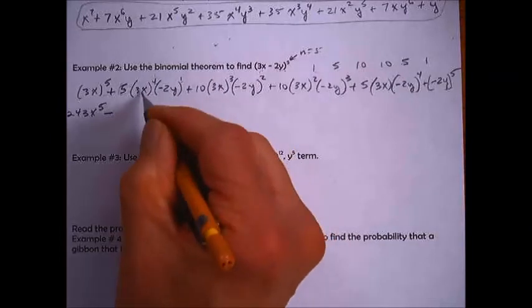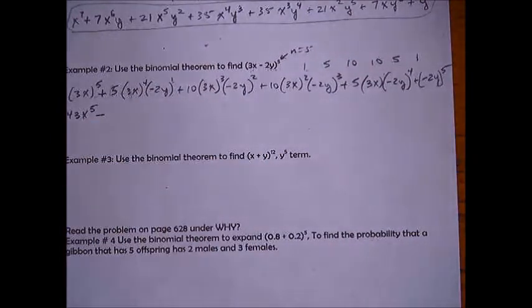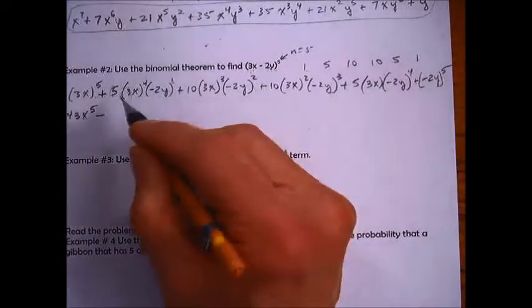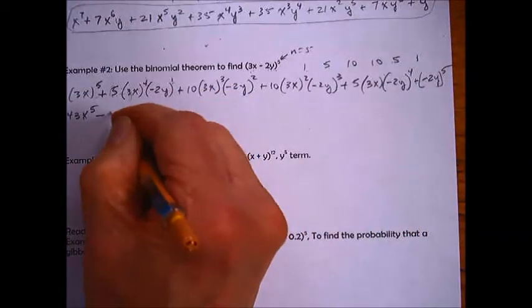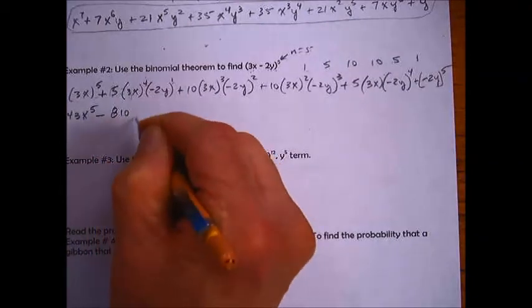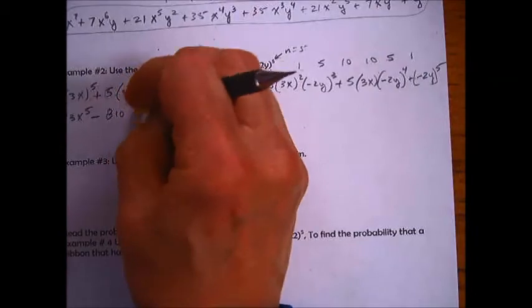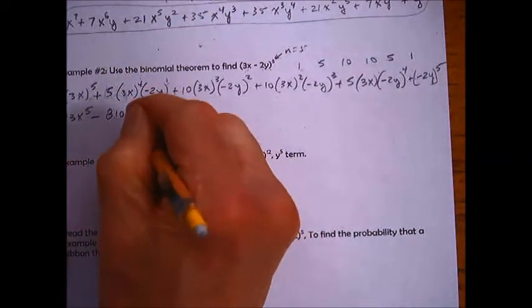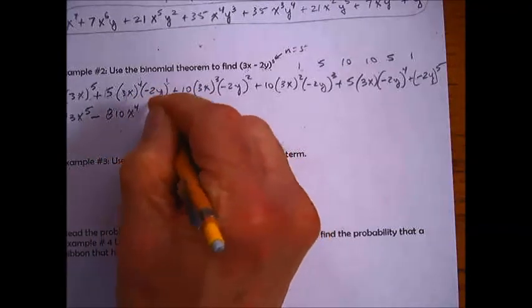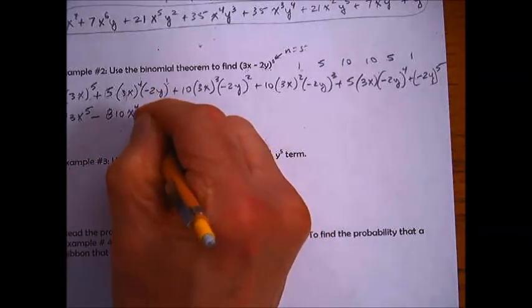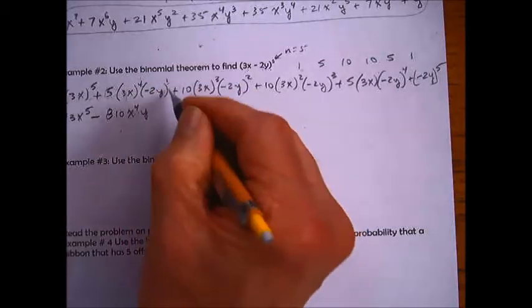So first of all, I've got 3 to the 4th, and 3 to the 4th is 81 times 5 times negative 2, and that equals negative 810, times x to the 4th, because the 3's in there, times y, because it's just y to the 1.